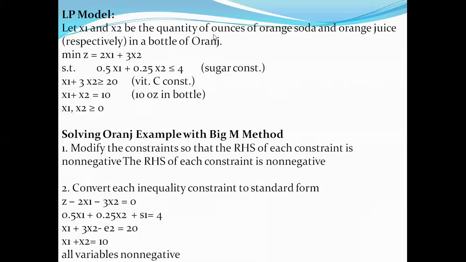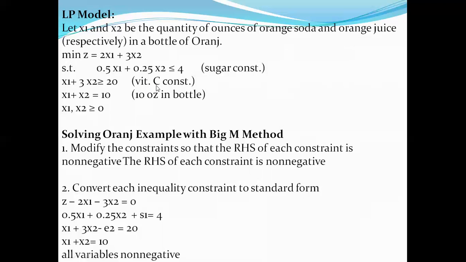Hence, considering only the sugar constraints for both x1 and x2, x1 specifies that orange soda has a composition of 0.5 of sugar, and orange juice has a composition of 0.25 of sugar.